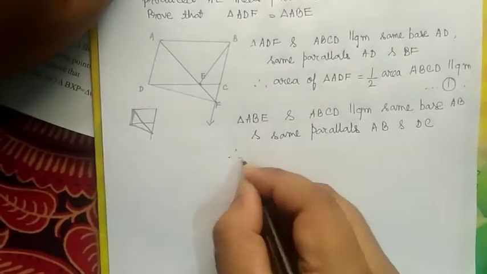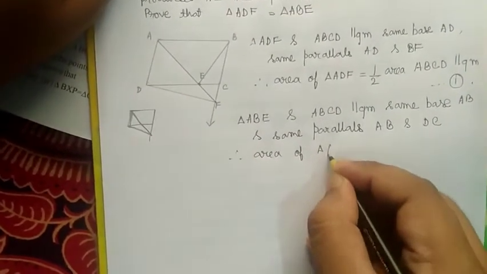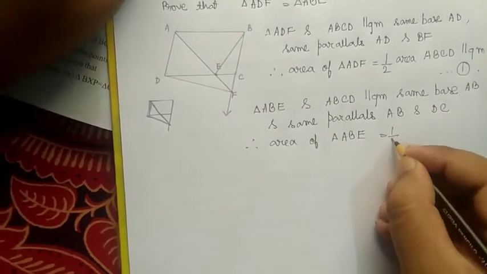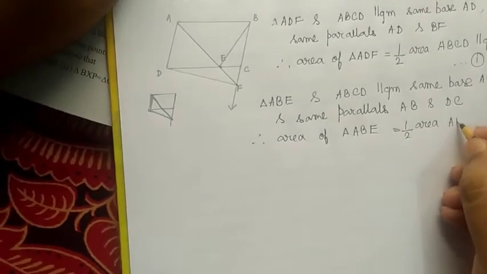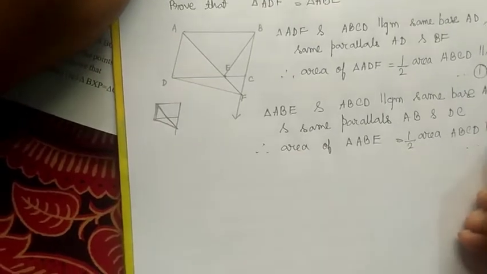So we can say that area of triangle ABE equal to half of area of ABCD parallelogram. This is equation number 2.